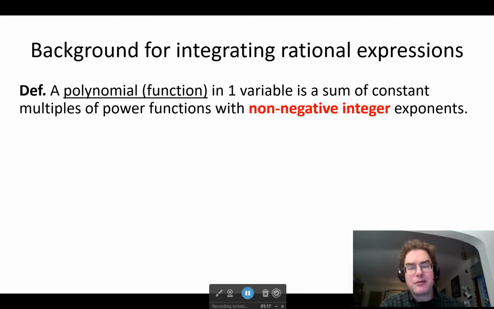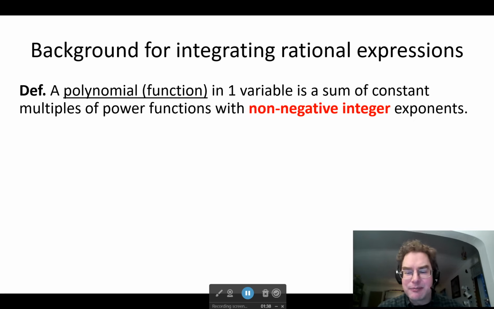So a polynomial in one variable is a sum of constant multiples of power functions with non-negative integer exponents. What often throws people off in understanding what a polynomial is and is not is this idea that the exponents must be non-negative integers.